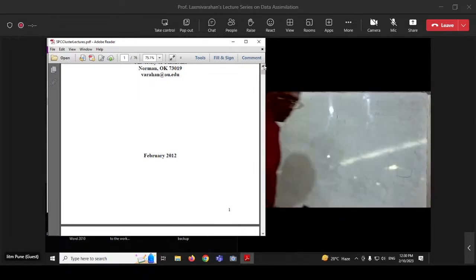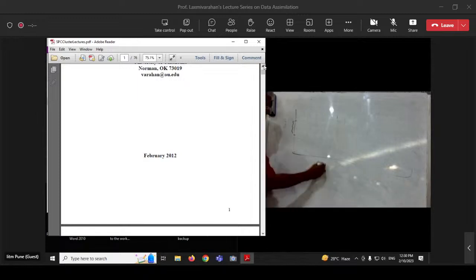In other words, this is the space in which I'm sampling the initial condition. I run the model. This is T. This goes, this goes, this goes. Maybe from here it may go here. Maybe it may come here.